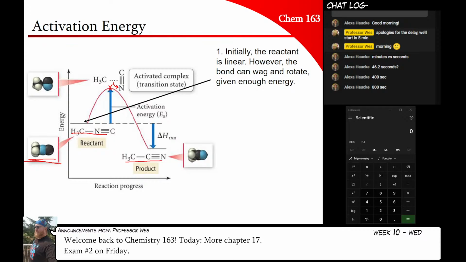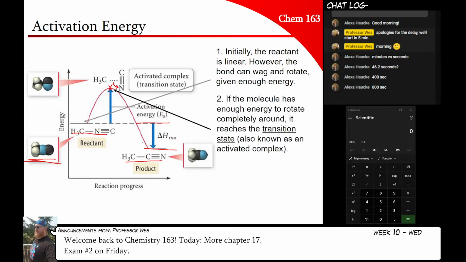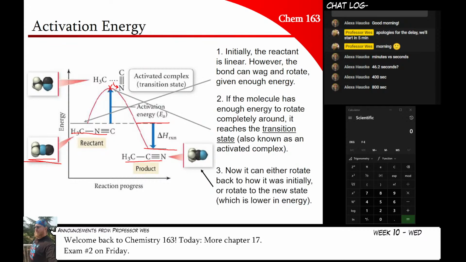If it turns into a product, this much energy is released. And that's the enthalpy of the reaction. The intermediate state is called the transition state. You may also hear activated complex, depending on which literature you're looking at.